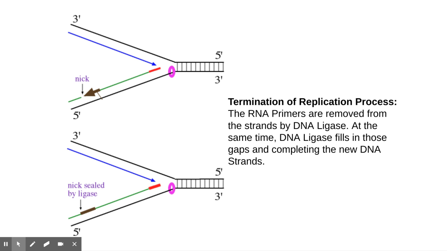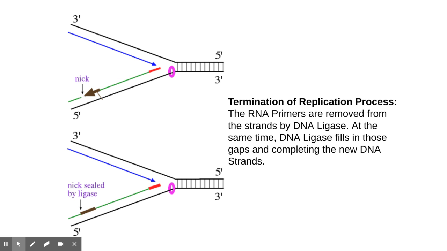So once we have finished the strands, again, the leading strand is just one continuous piece. So it waits until the end of the entire DNA strand. But for the lagging strand, all of those RNA primers need to be removed. We don't need those beacons anymore. We need to fill them in with DNA, because as we all know, RNA is different and it has uracil instead of thymine.